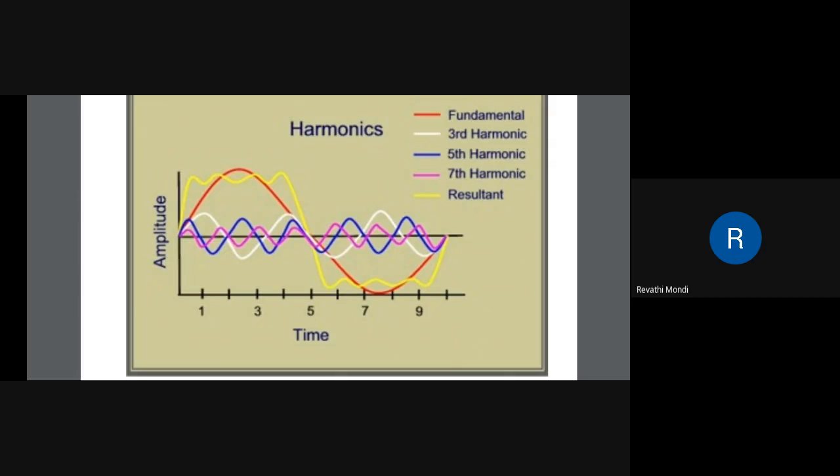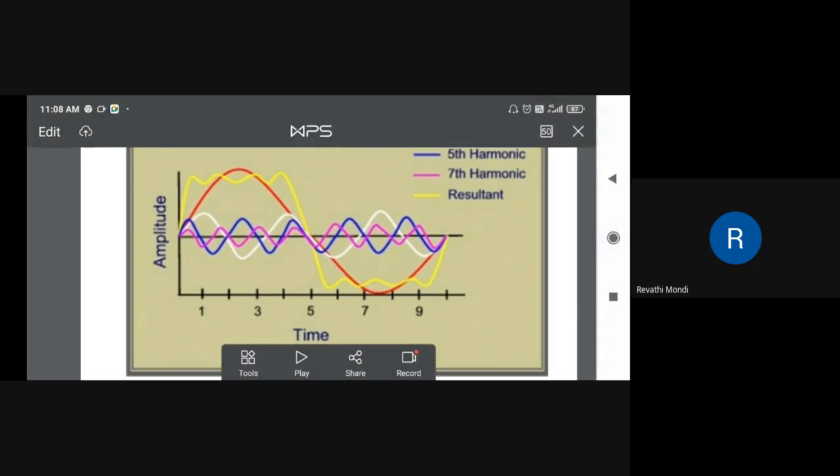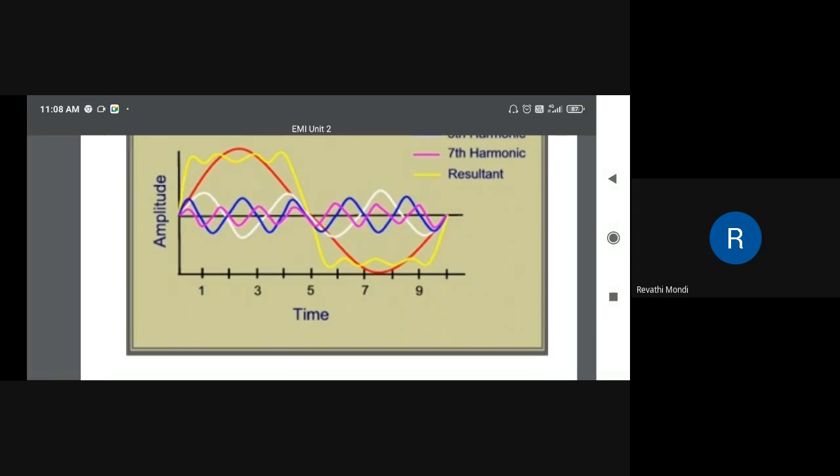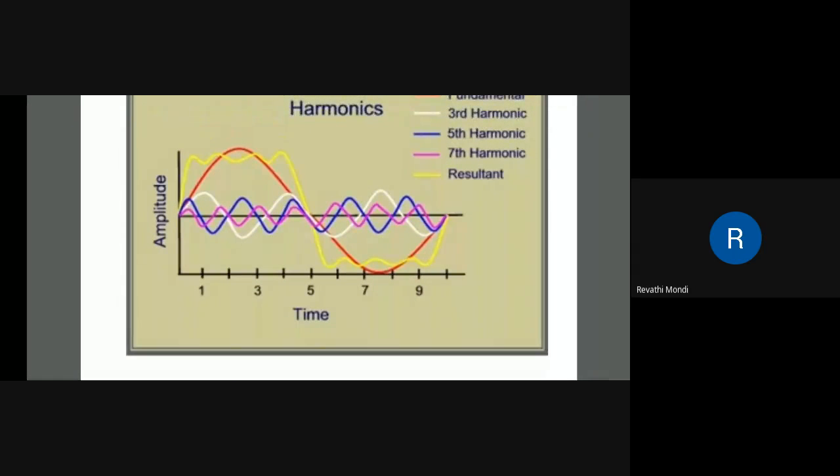This waveform is known as the sinusoidal waveform. If you observe this waveform carefully, different colorful waveforms are there: a pink waveform, a white sinusoidal waveform, and blue, red and yellow ones.